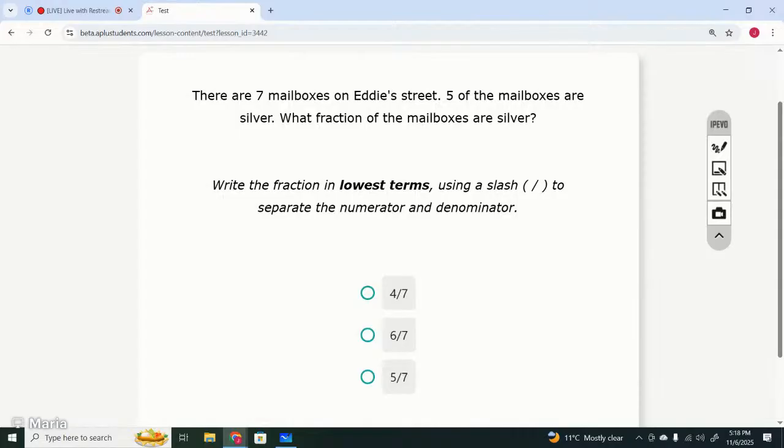There are 7 mailboxes on Addy Street. 5 of the mailboxes are silver.